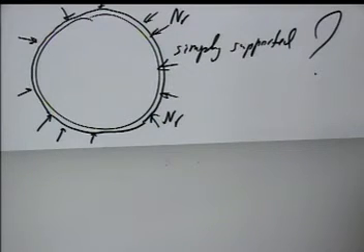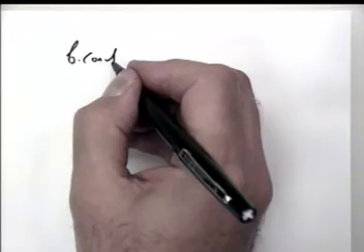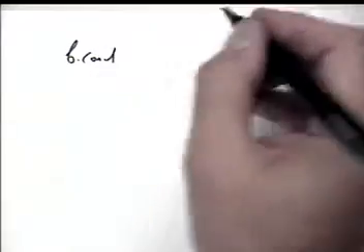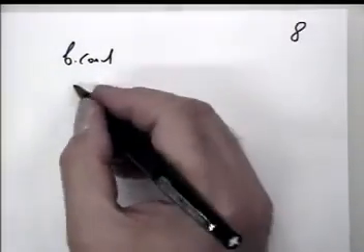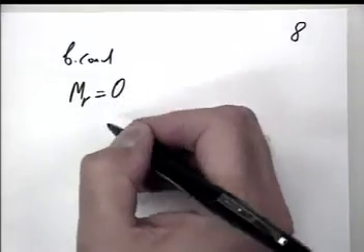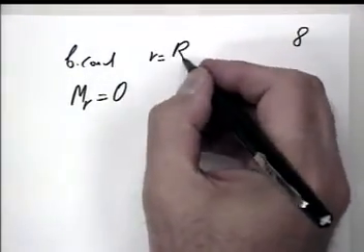Uniform compression around the circumference. Now we want to find what happens with the simply supported case. In the simply supported case, naturally the boundary condition will be MR equals 0 when r equals capital R.